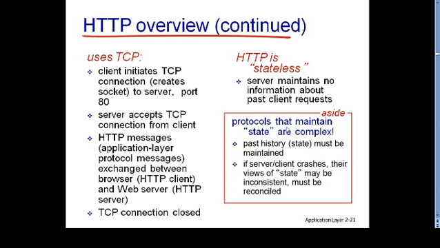Now you can see that HTTP is a protocol which uses TCP for sending its HTTP request and receiving the HTTP response from the server side. So the client initiates a TCP connection and creates a socket to the server at port number 80. You need to remember that HTTP uses port number 80. So there will be a connection from the client side to the server side at port number 80.